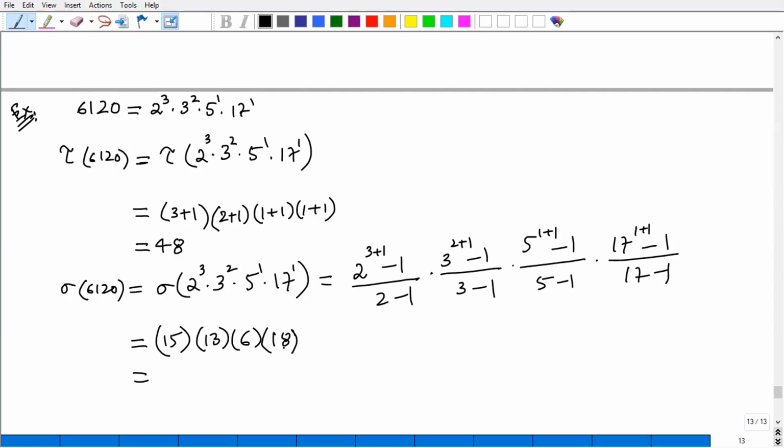Now you just need to get the product of the four numbers, which is 21060.